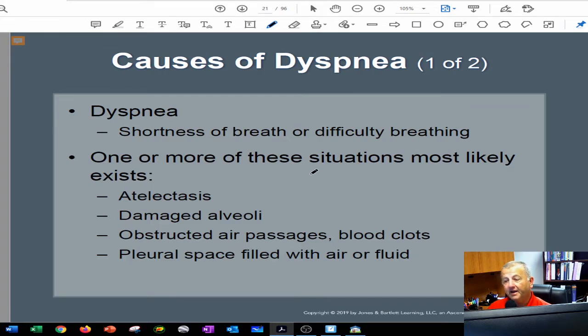They can't pass air. And then the pleural space. We talked about that earlier with a stabbing that occurs where the chest wall has some type of compromise and begins to fill with air because we have a vacuum.